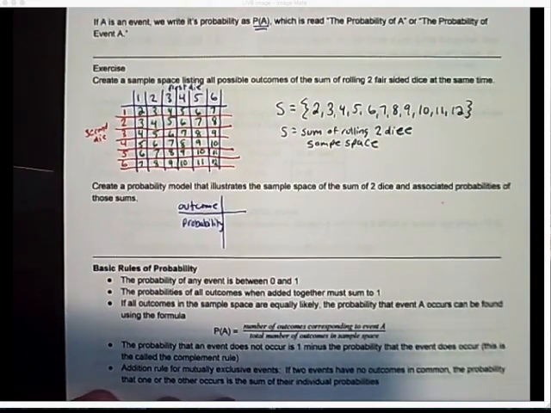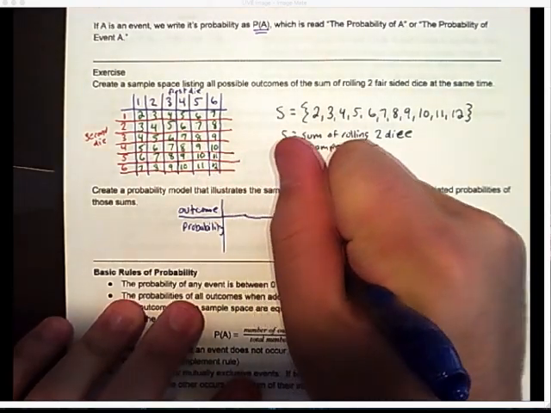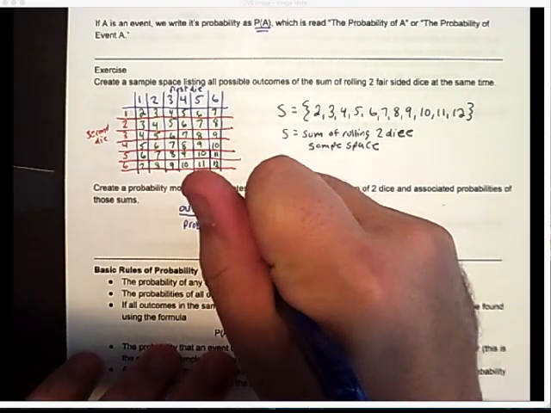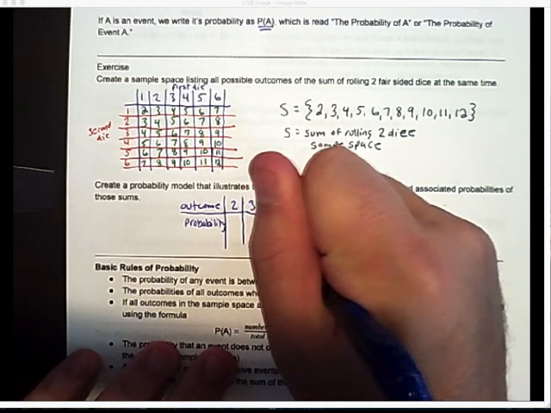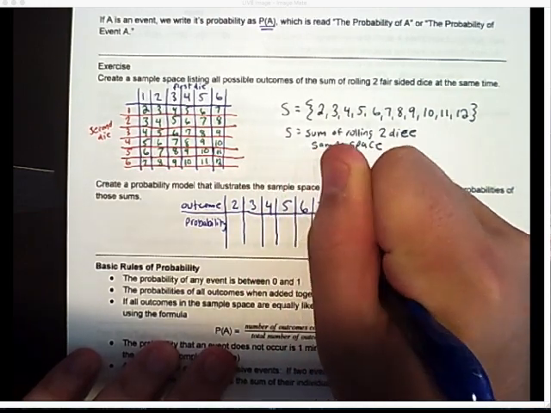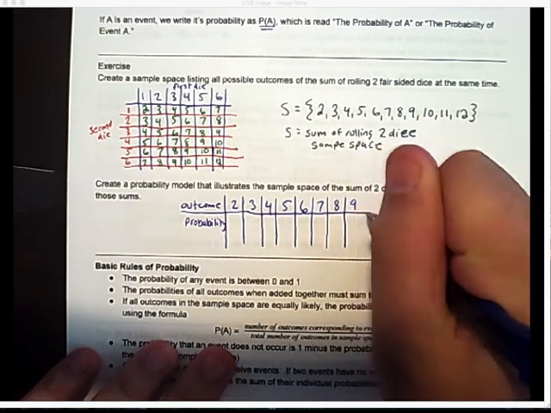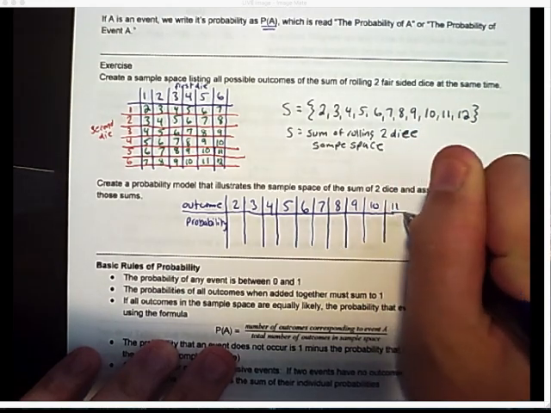So the outcomes in your probability model, you have to put everything that's in the sample space. So the possible outcomes when rolling 2 dice, the sum would be 2, 3, 4, 5, 6, 7, 8, 9, 10, 11, and 12.